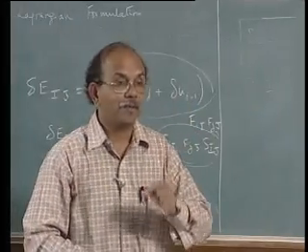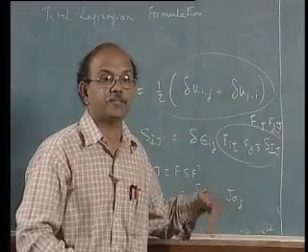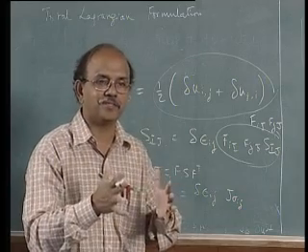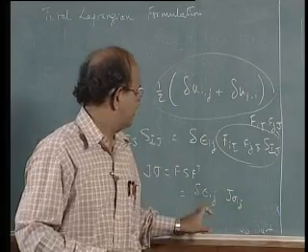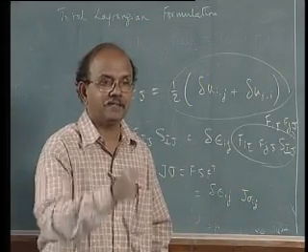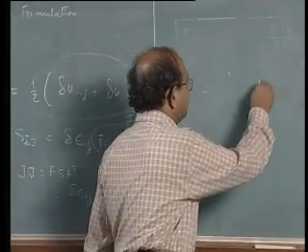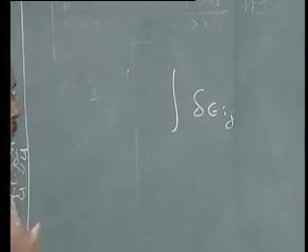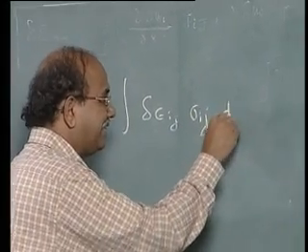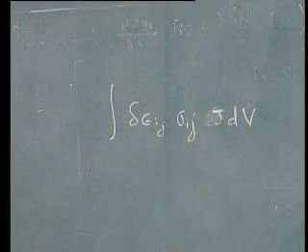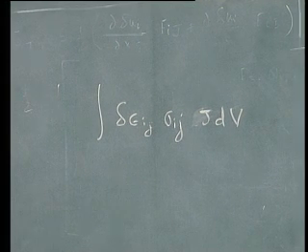So if I now substitute it back into my expression, that's why I said you have to be careful, they are not blind transformations. It's a very interesting thing. So you put this back into my first expression, the delta Eij Sij term. So you will get delta epsilon ij, sigma ij, J d capital V. That J d capital V will go now to small dV.